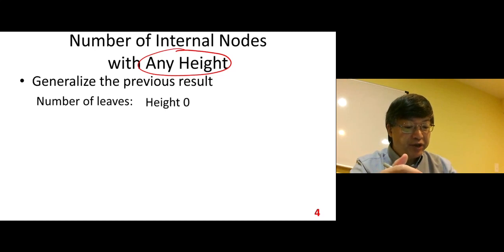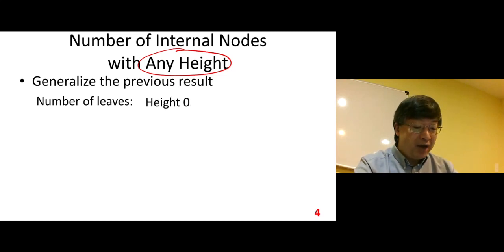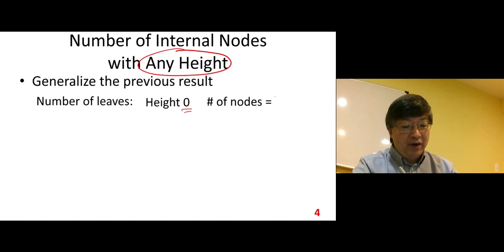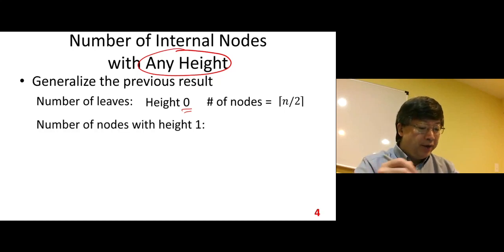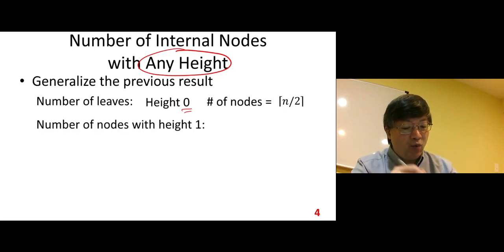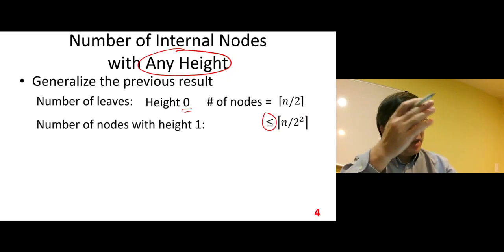Number of leaves, leaves means height 0, number of nodes equals the ceiling of n over 2. Number of nodes with height 1 is less than or equal this time.